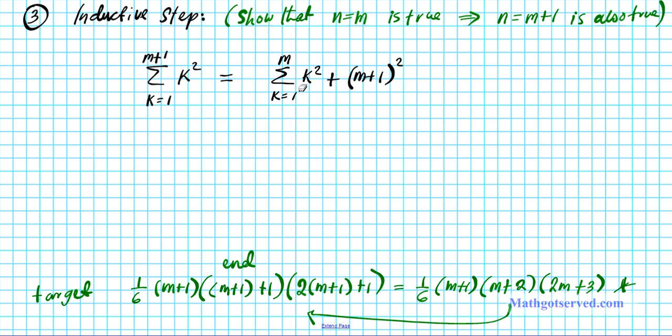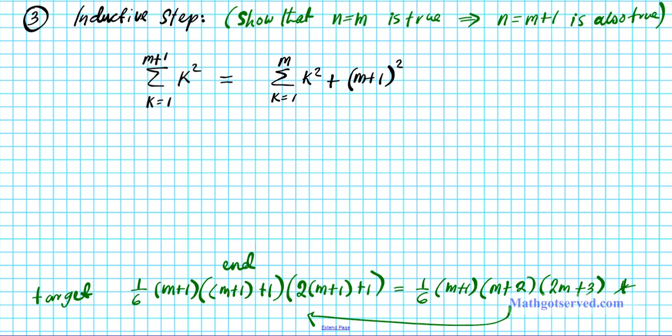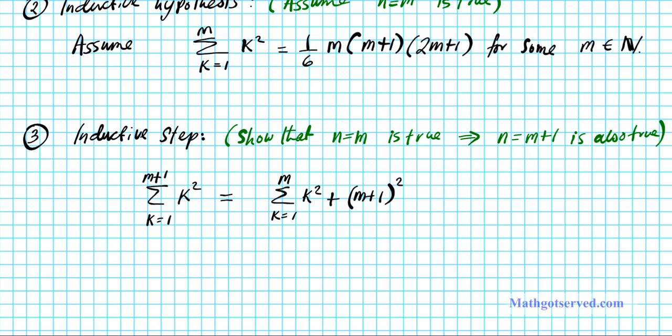Now, let's go back to our proof. Can I make use of my inductive hypothesis in this statement? The answer is yes. For my inductive hypothesis, I assume that this expression is equal to that. So this expression shows up here again. Using our inductive hypothesis, I'm going to substitute this with what we assume it to be equal to in step 2.